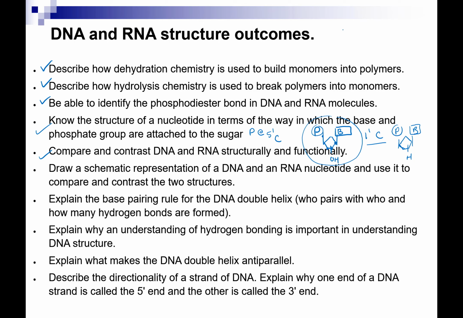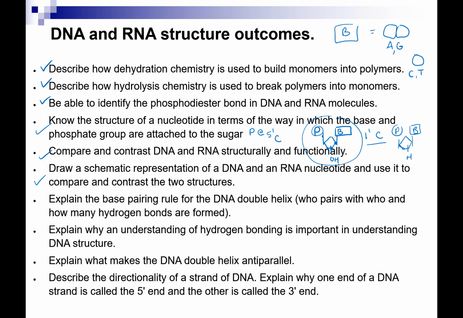Further, for these bases, you should be able to draw like 2 rings for A or G and 1 ring for C or T. You don't have to know the whole entire structure. I don't even have that memorized. But a general schematic lets me know what nucleotides look like.